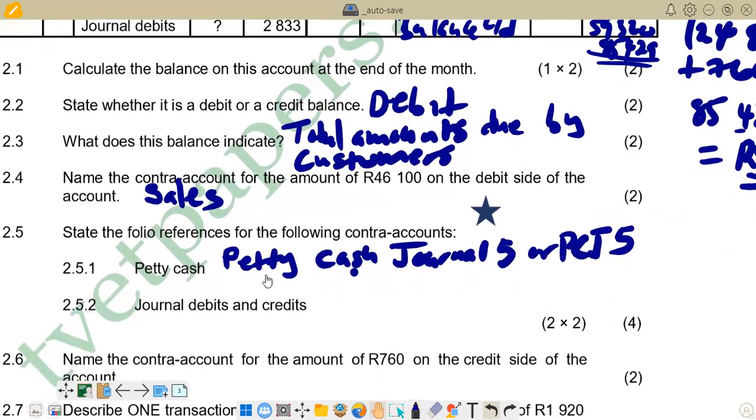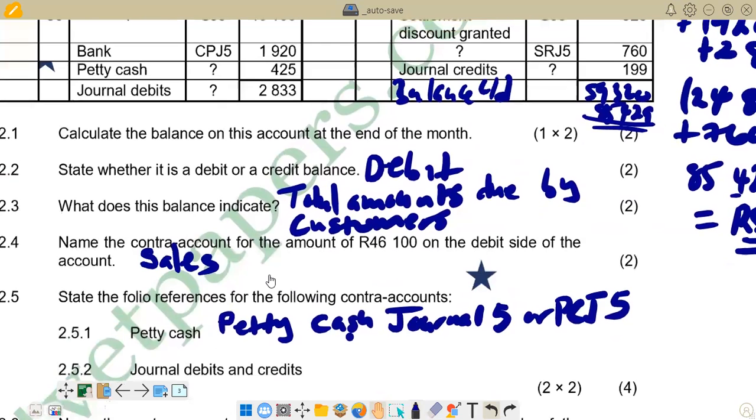They're also asking about journal debits and credits. And if you go there, we have got this journal debits and credits. This one is a journal debit, it's on journal credits. So these ones are written journal, only journal debits, not much information about them. But basically, this is a journal entry. And whenever a journal entry has been made, journal entries are usually made in the general journal.